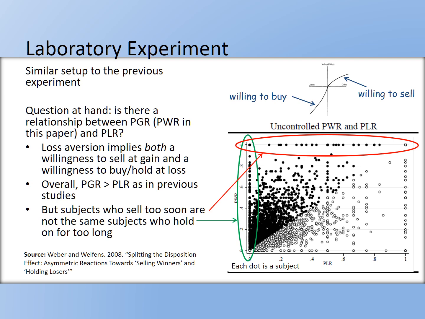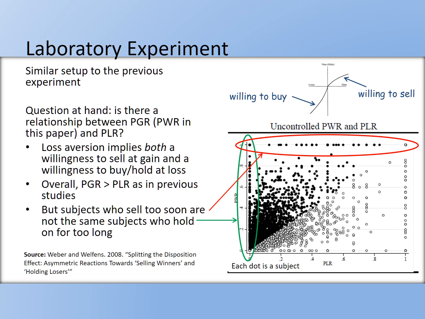You are unwilling to sell at a loss because the prospect utility lowers your utility. You are very willing to sell at a gain because prospect utility increases your utility at the moment of transaction. Same utility brings you both effects. You can't just pick one. It brings you both effects.